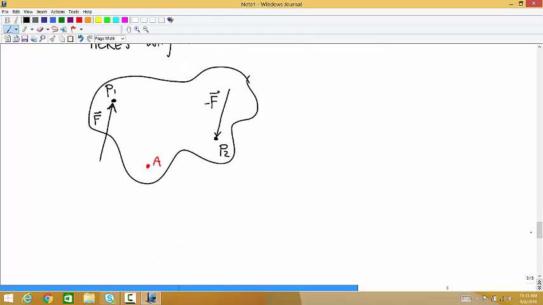Okay, so first, the moment produced by F. So what's the moment about A produced by F? Well, that's equal to the row vector. You can think of it as row 1 crossed with F, where this is row 1.